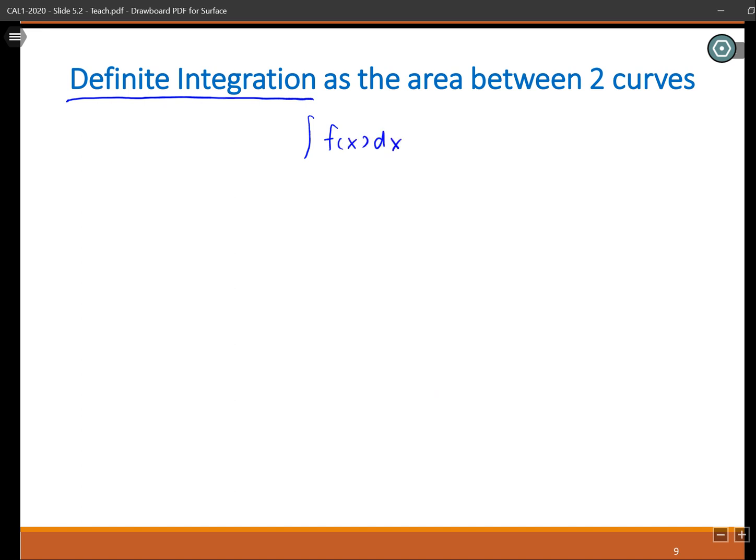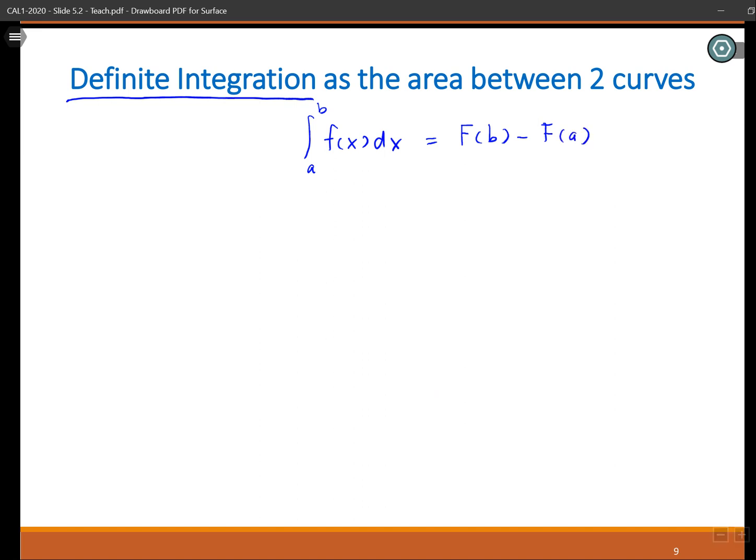So we have a starting point and an end point of this integration, starting at x equal to a and ending at x equal to b. And from the fundamental theorem of calculus number 2, we know that the result of this is the antiderivative evaluated at b minus the antiderivative evaluated at a.